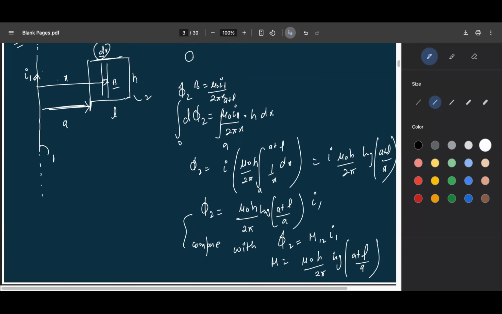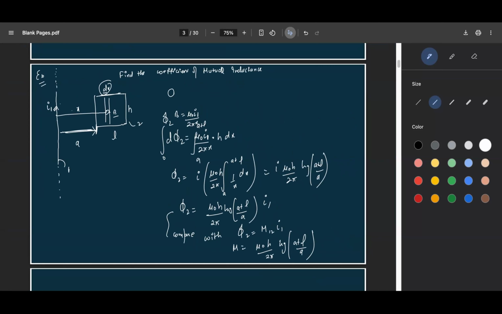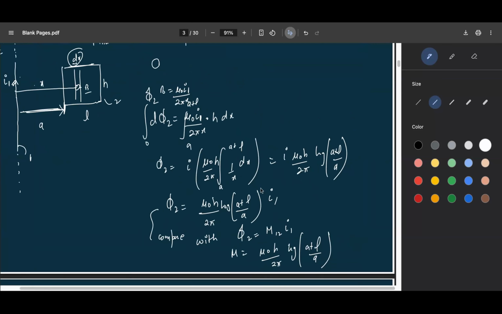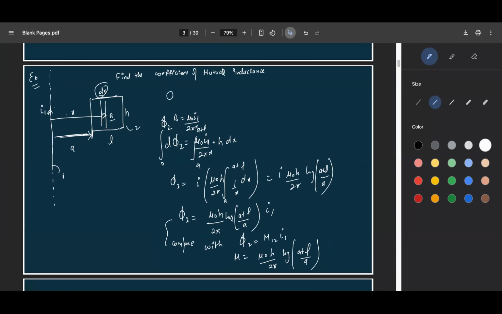Do one thing, take a minute, look at the problem, get the solution, look at the solution, and get me your doubts. We will discuss that after this. Kirtna, if you're clear with this concept, let me know.